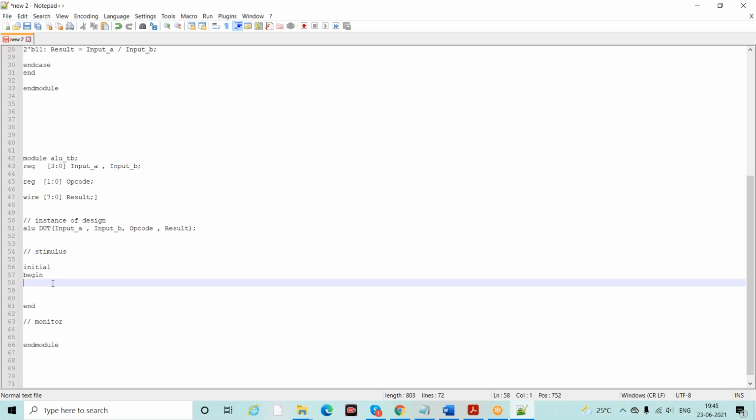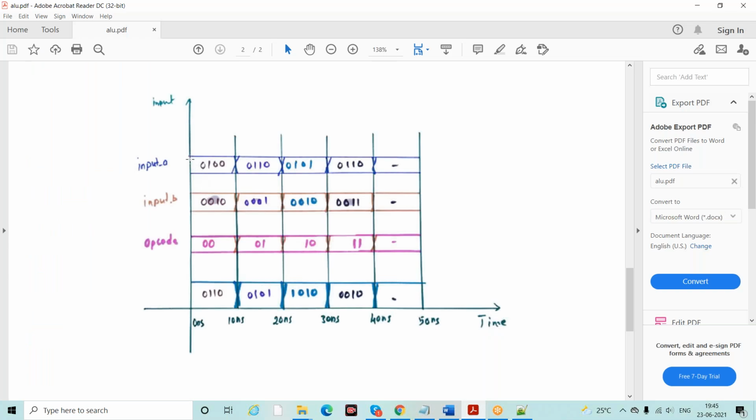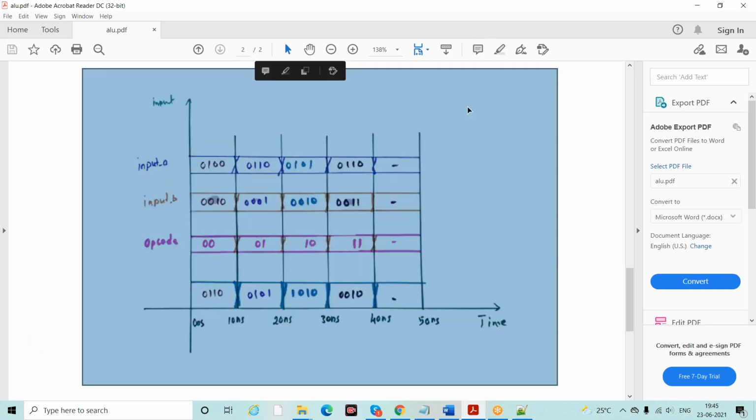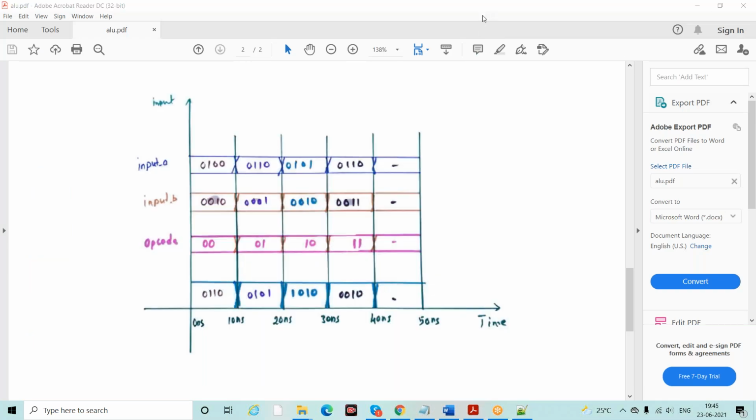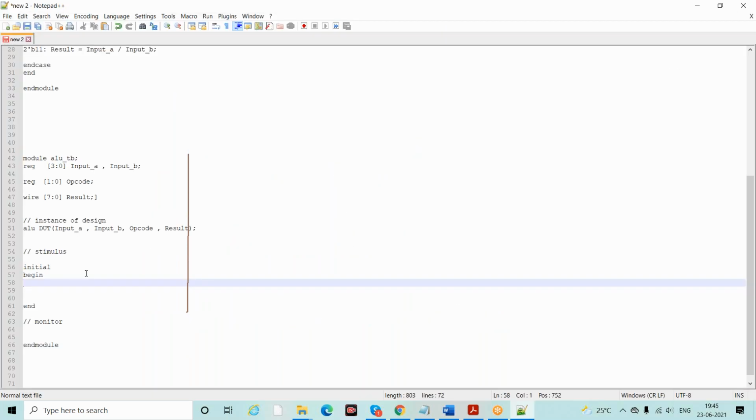How can we force? We can force it here. You can see here this part 0, initially 0.